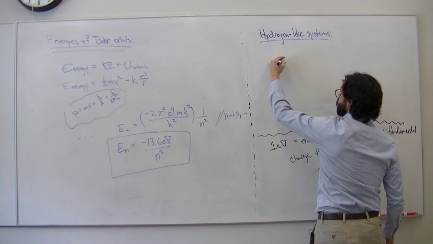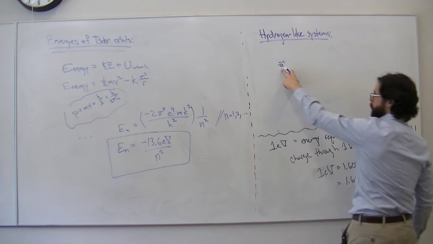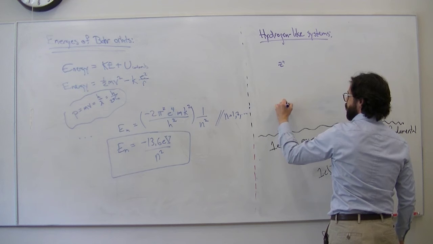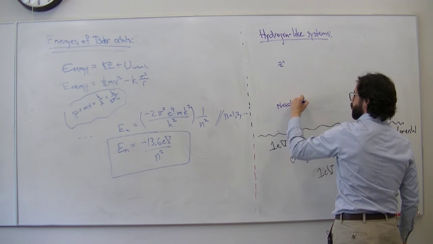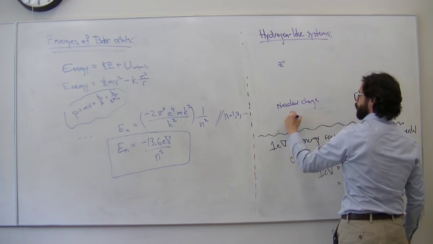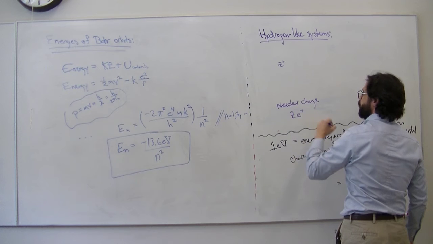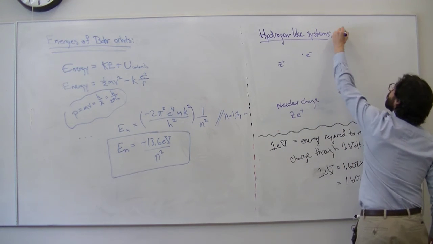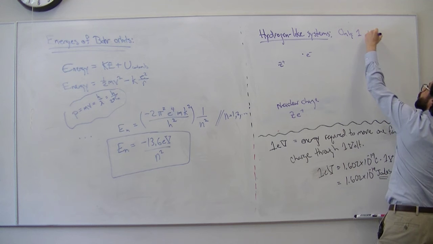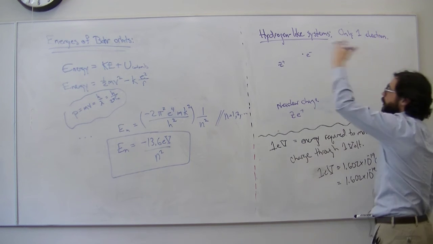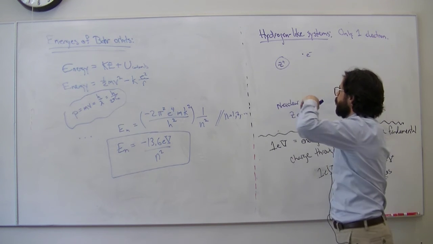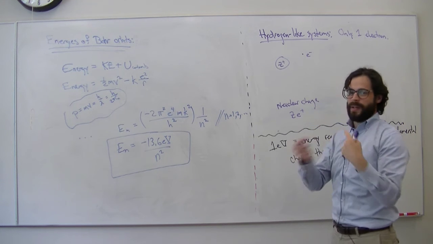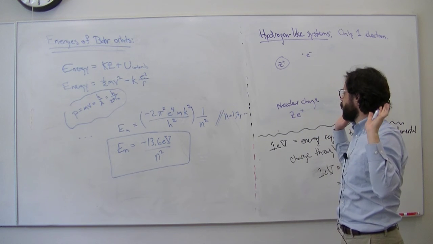So there are Z protons, so the charge of the nucleus would be Ze. And that is positive. And there is 1 and only 1 electron. So the second you have even 2 electrons, like in a full, non-ionized helium atom, the electrons interact and the Bohr model completely falls apart.